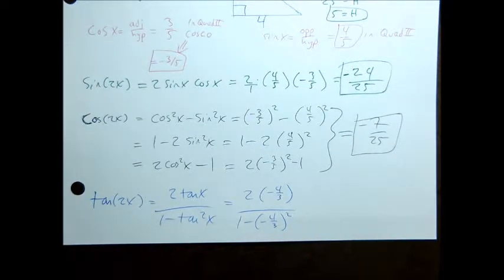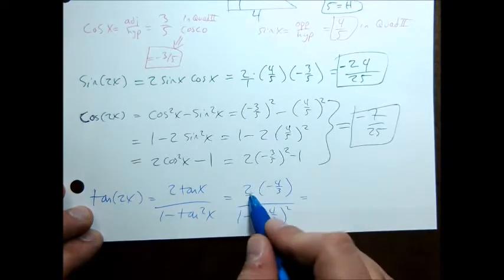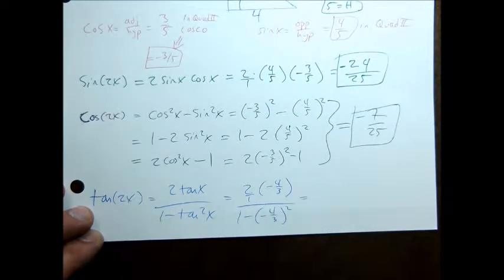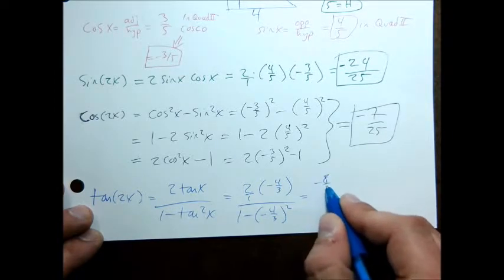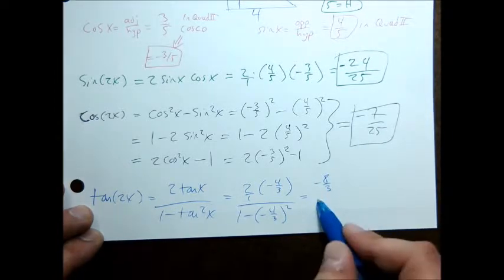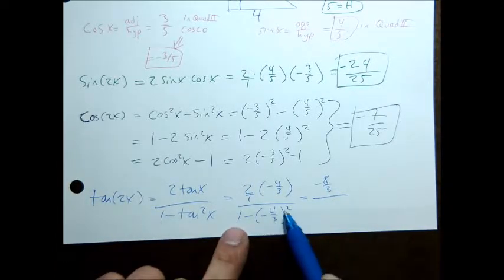And I will go through solving this one a little more carefully because it's a compound fraction. There's still some issues with compound fractions on that test. So let's talk about how we simplify this. So you multiply the fractions here, right? So this is 2 over 1 times minus 4/3. So the 2 multiplies the 4 to give us minus 8/3. And then in the bottom, we square the 4/3.